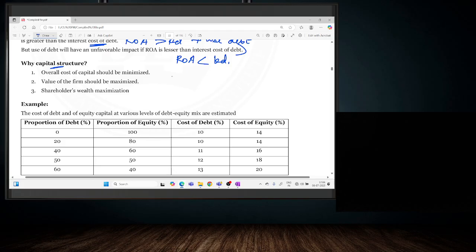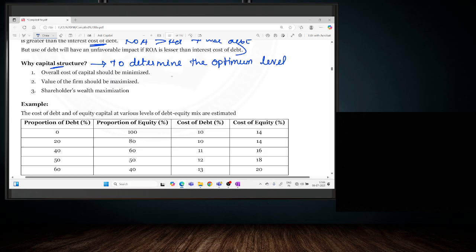Listen. The ultimate objective of studying capital structure is to determine the optimum level of capital structure.